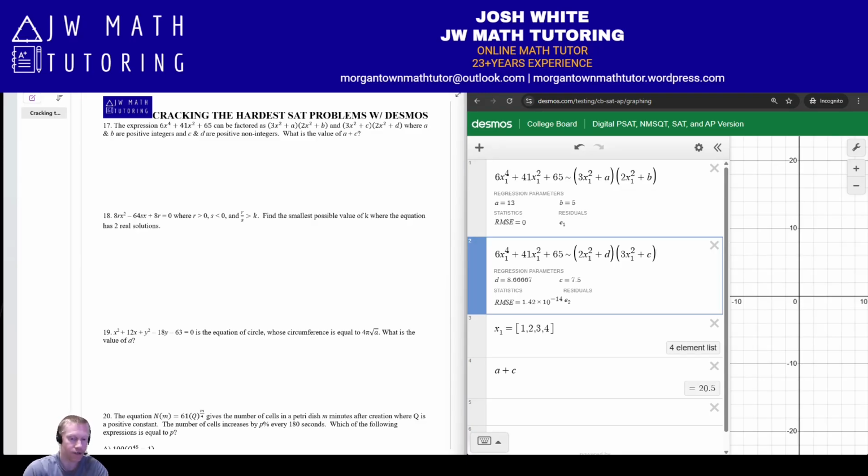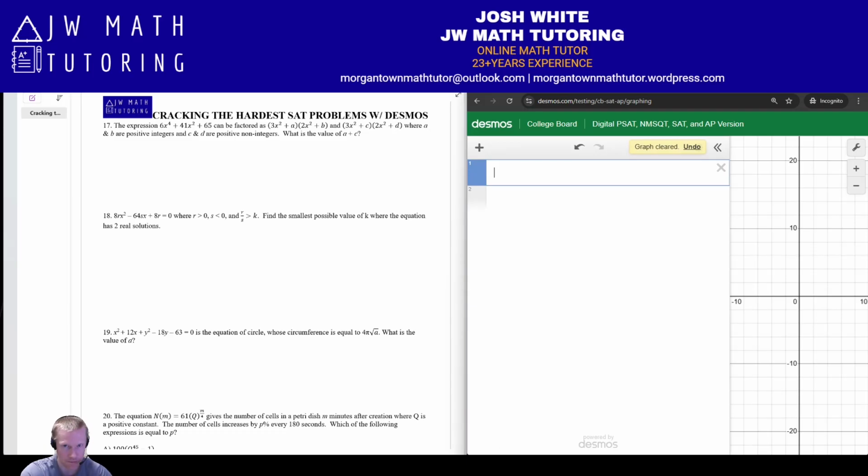Technically this could be the third overall method, but it's really the second different method. The way that I honestly like to solve this problem is to notice it's really a system of equations. If you FOIL these expressions out, we already know that 3x squared times 2x squared is 6x to the fourth, so that we don't care about.